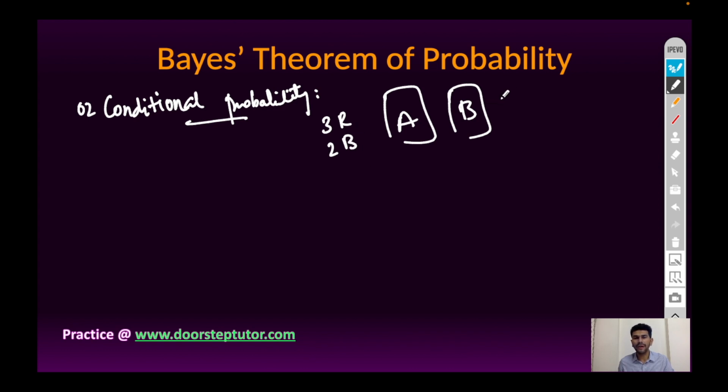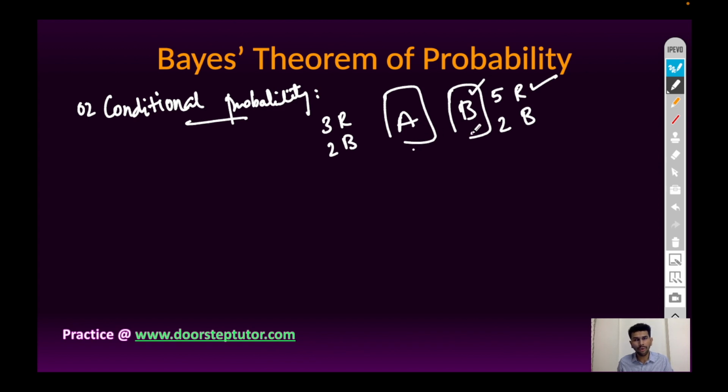Box B has 5 red balls and 2 blue balls. Then what will be the probability of selecting a red ball which comes out of box B?